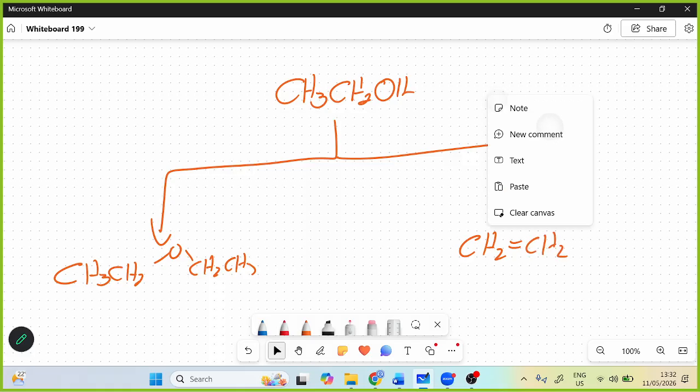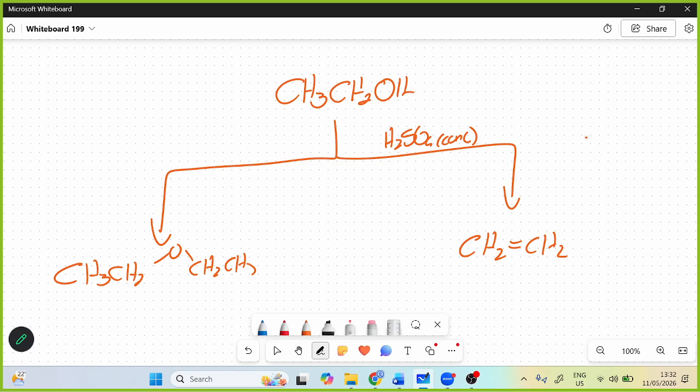And this all depends on the conditions. Both need concentrated H2SO4. This happens at 180 degrees. This happens at 140 degrees. So you might tell me he gave 170 degrees. It's the same thing. 180 is more favorable. Plus H2O. If you're balancing the equation, you write the water. If he's just asking you for the organic product, there's no need.